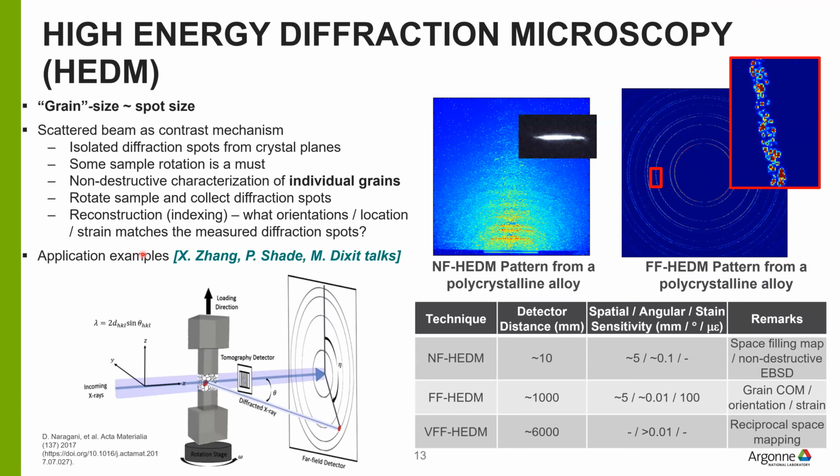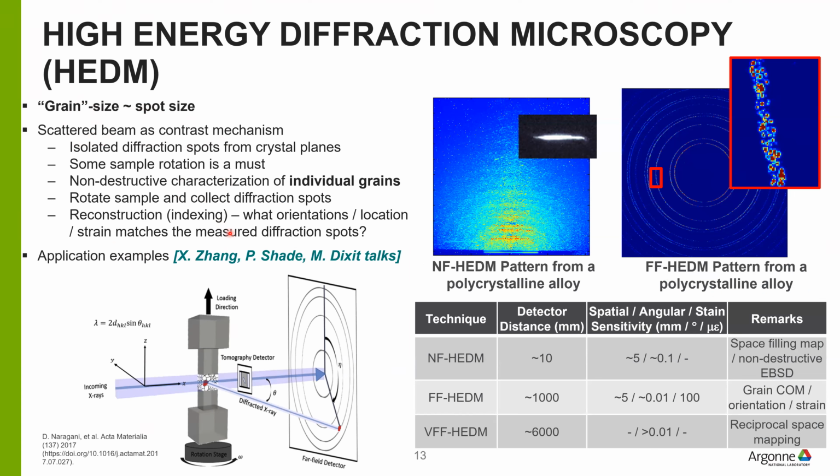So if I now switch over to the classical definition of high energy diffraction microscopy, you're looking at grain sizes that are similar to the spot size that you have, and you're still using the scattered beam as the contrast mechanism.